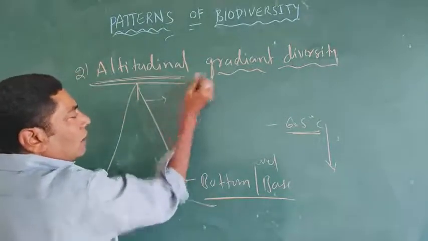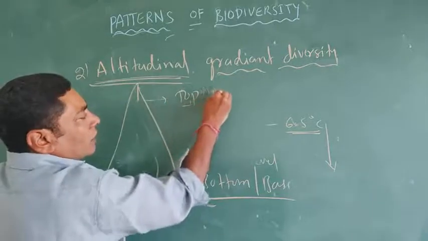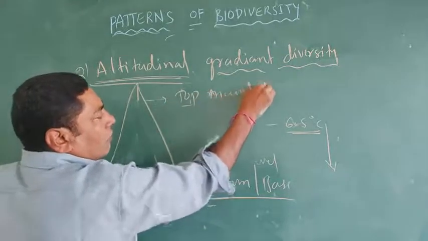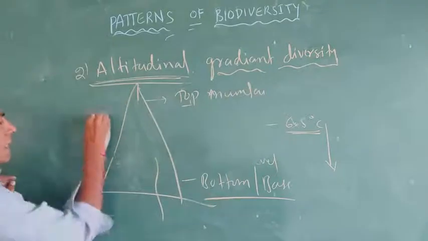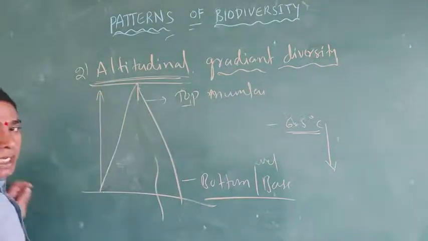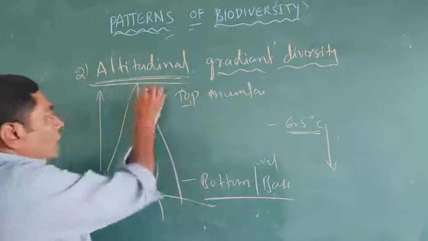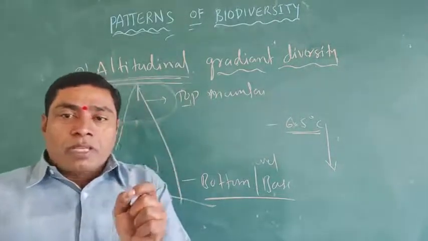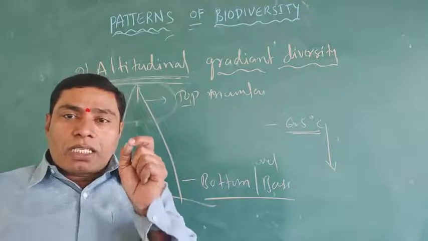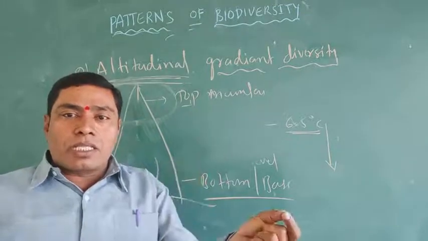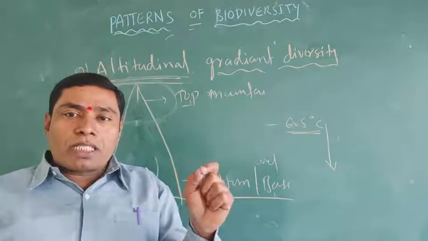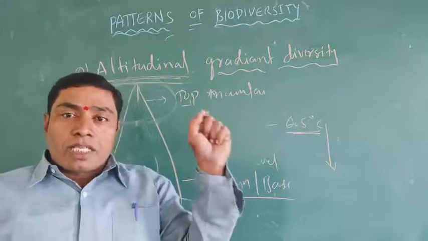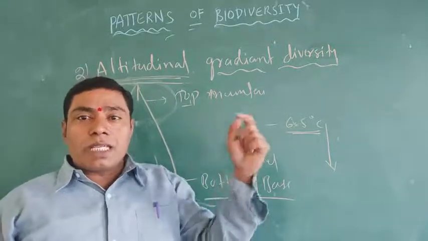Then the apex, or the top of the mountain: when the height increases, the temperature decreases. So at the top of the mountain, the seasonal variation is high. Where the seasonal variation is high, there is an effect on species richness. It means the biodiversity will decrease.